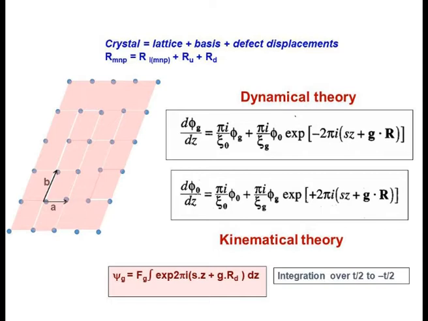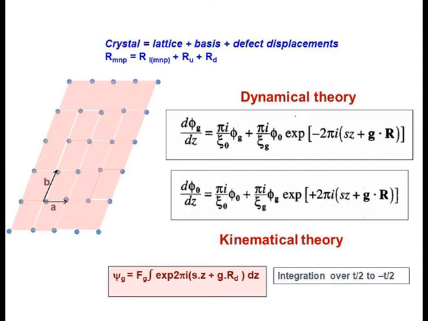So these expressions I had already shown, and finally if you try to calculate the intensity, that's how the amplitude changes. It depends upon this function Fg, which is essentially the structure factor of the crystal. The structure factor of the crystal is inversely related to that psi g which I had described. If I write it in terms of psi g, I will put it as 1 by psi g here.